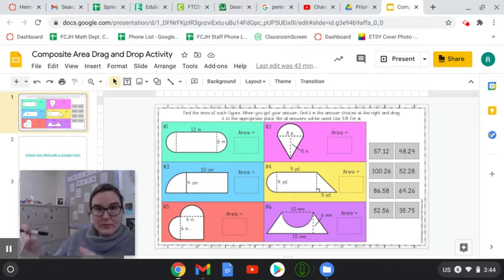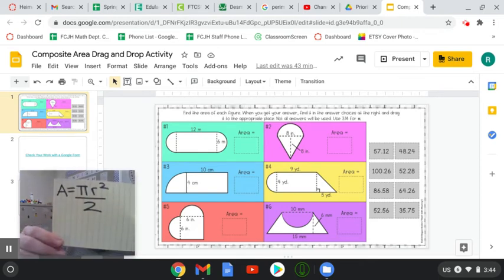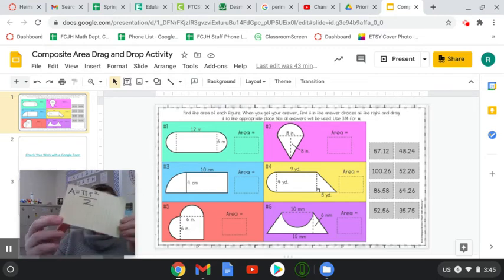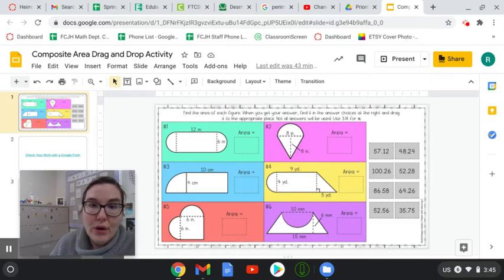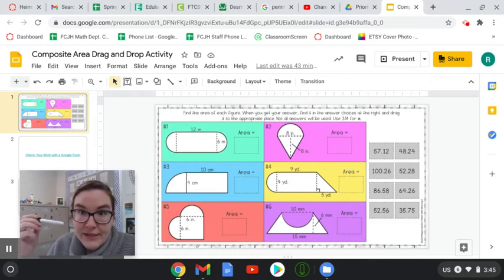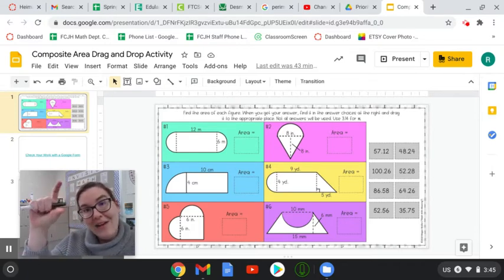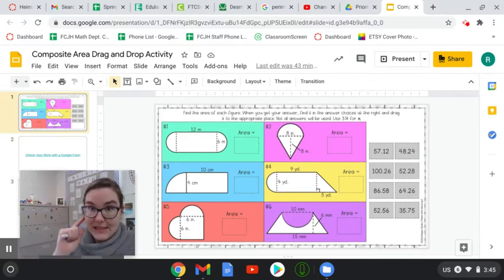Okay, now I'm going to work on the semicircles. The formula for area of a semicircle is pi times radius squared divided by 2. Right now, I don't have a radius on here. I have a diameter, going all the way across the circle. A radius goes halfway, from the center to the outside.